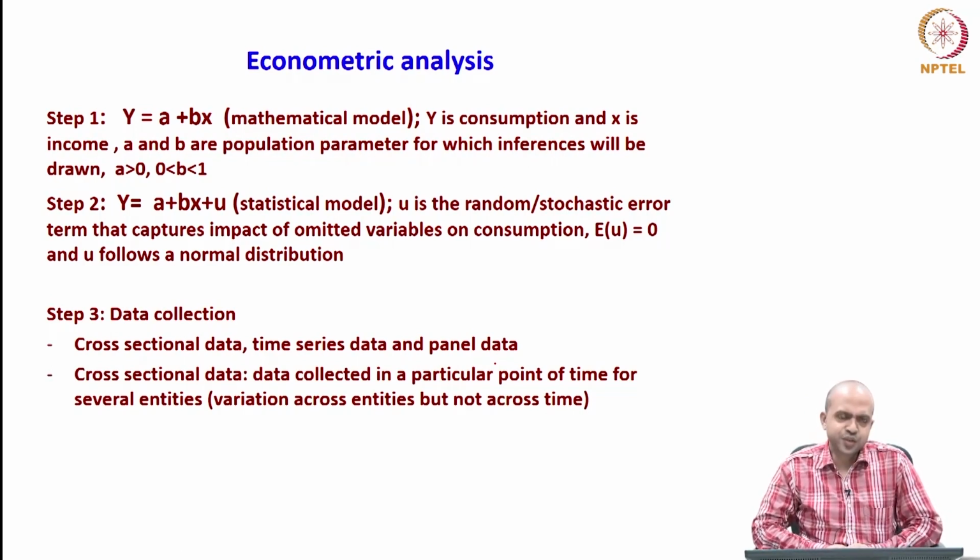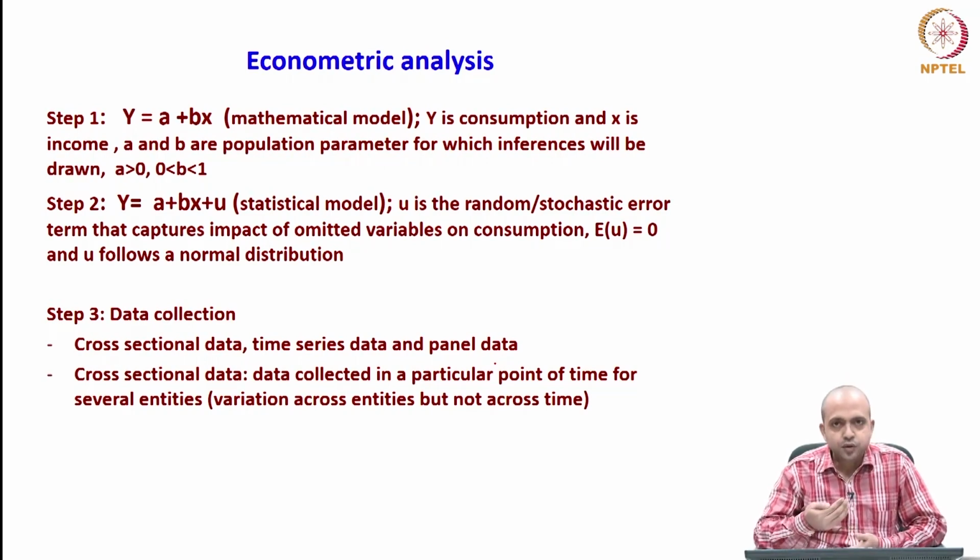Cross sectional data is basically data collected across several individuals, but for a particular period of time. For example, if we are interested in the consumption function, let us say that we are collecting income and consumption data from 500 individuals residing in Chennai at a particular point of time, let us say in November 2020.